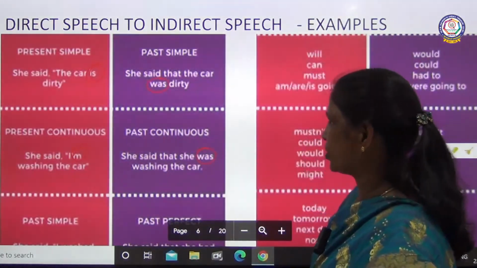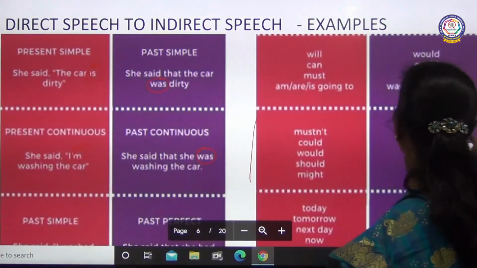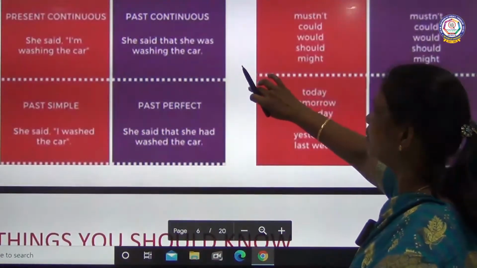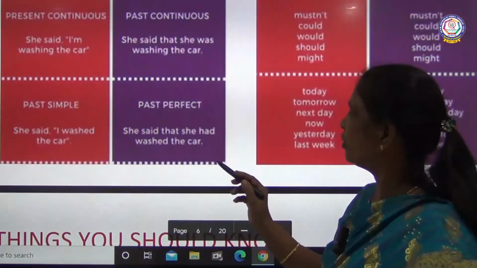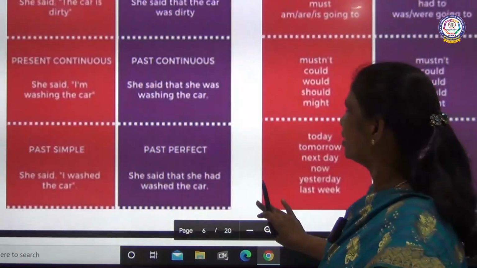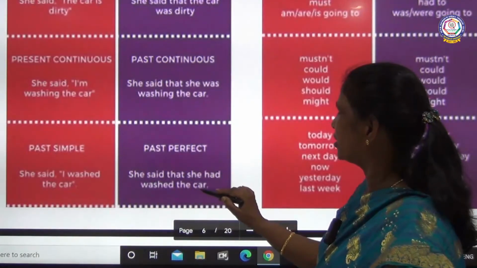So here it is changed. Okay. So here the simple past tense, she said I washed the car. So in past tense you will be changing, she said that she had washed the car. She said that she had washed the car.